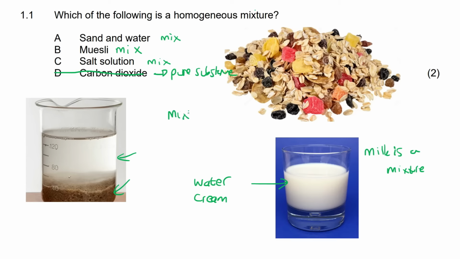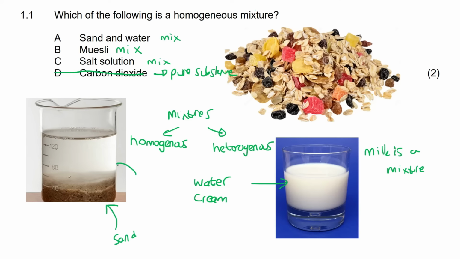Within mixtures, you get homogeneous and heterogeneous. Okay, so if I look over here, does everything just look like one kind of thing, or can I see different parts? Well, I can definitely see different parts. I can see there's sand and there is the water part.